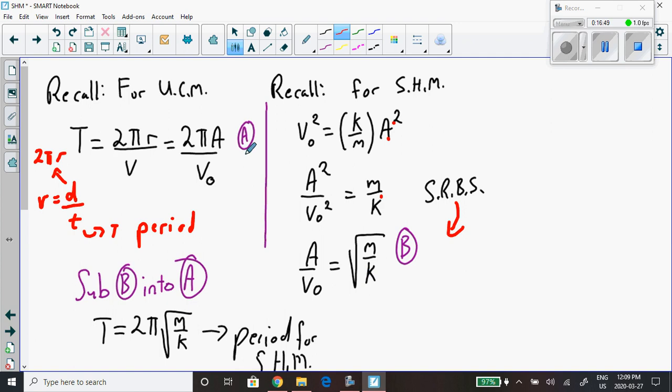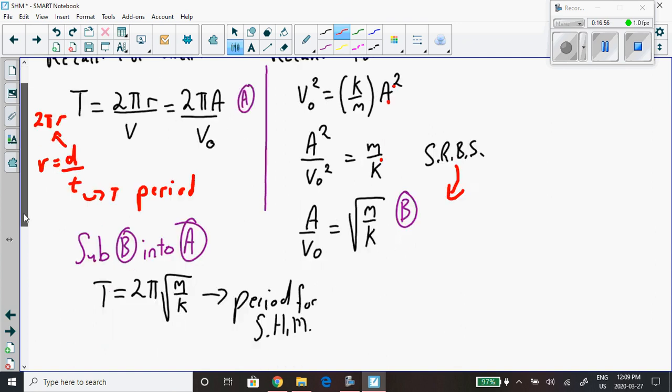This equation here I called a. This equation here I called b. Let's substitute b into a. So look what we have here. I have a in the numerator, v naught in the denominator. So I can replace that a over v naught with root m over k.